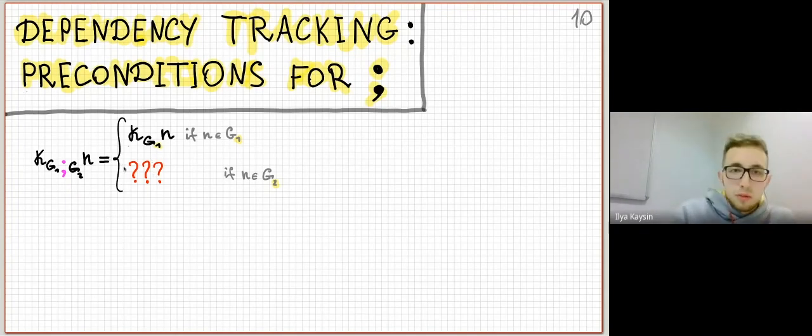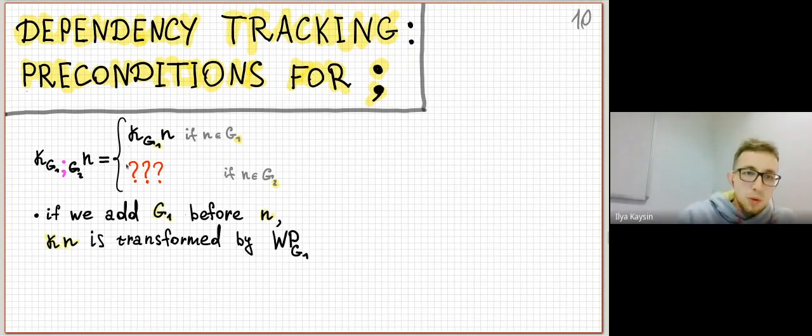So what should we do? We should take the precondition from G2 of this node and transform it by the weakest precondition of G1. So this is basically the intuition, right? This is the basic idea.